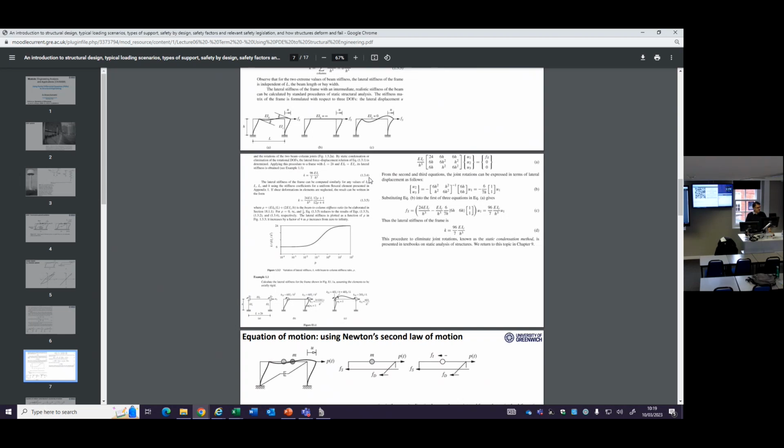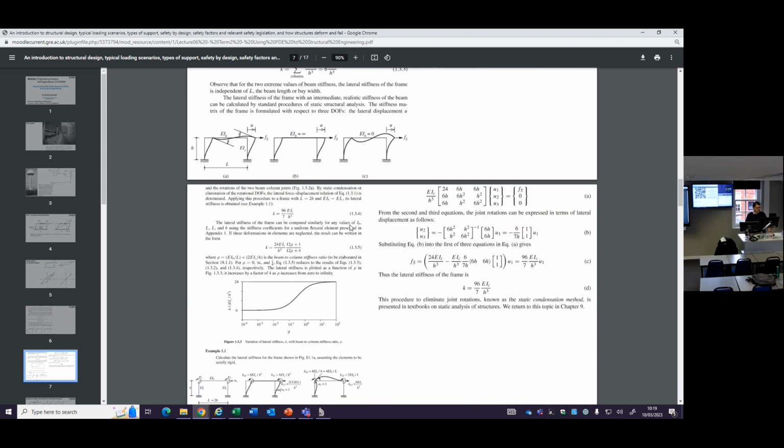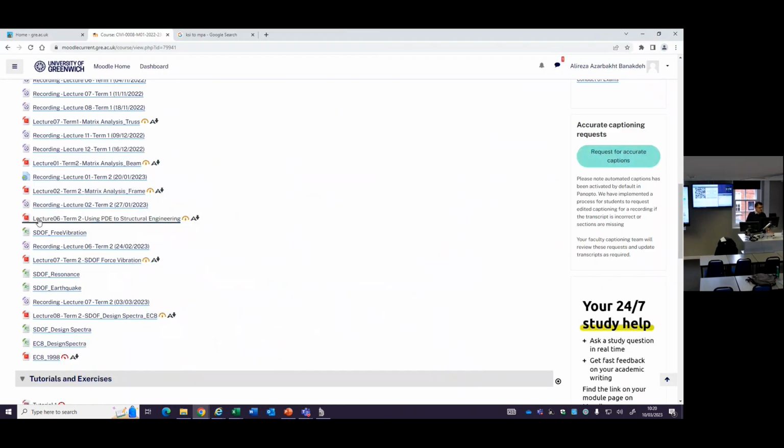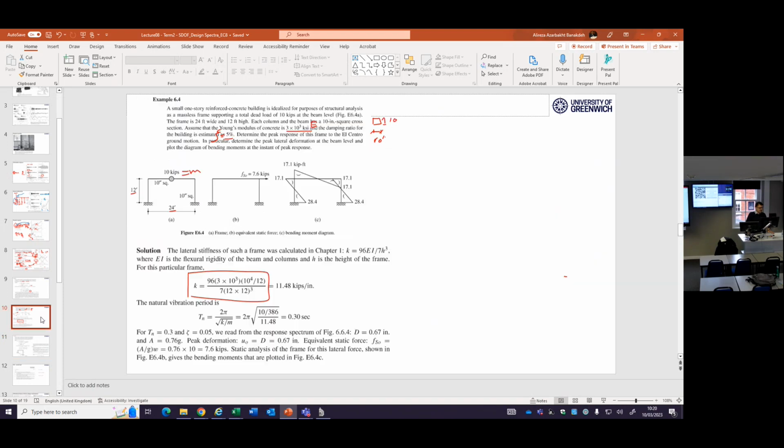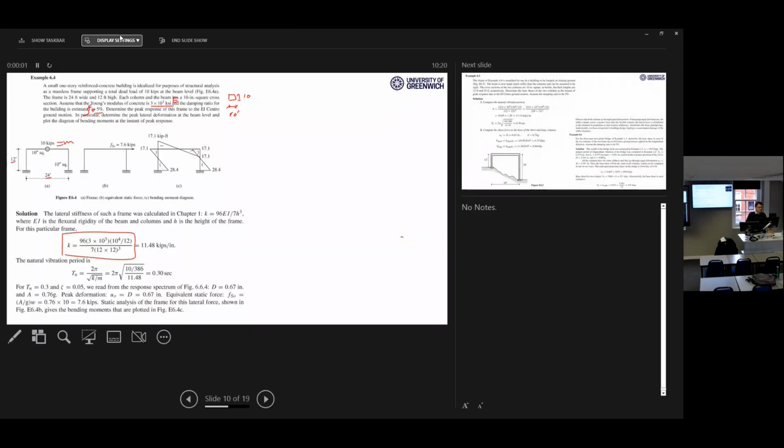This one. 134. Equation number 134, 96/7 EI column over H cubed. I'm using this formula. When you have a single story, 1 bay frame like this, and the slab is not rigid, you have a beam there, the horizontal stiffness is this one, coming from this. And okay, this is lecture number 6, the first lecture in the new subject. So we are using that formula for the stiffness.